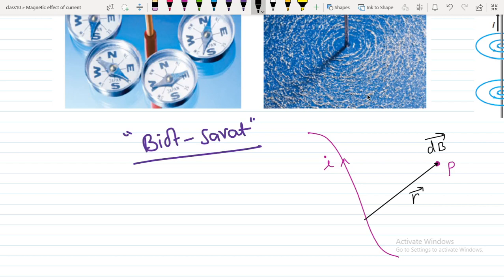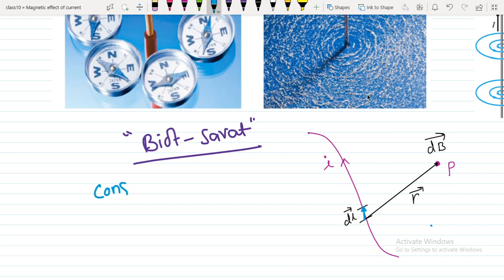To find that, first we divide the length into small elemental lengths. Let this be one of the small elemental lengths in the conducting wire. It has its direction in this direction.